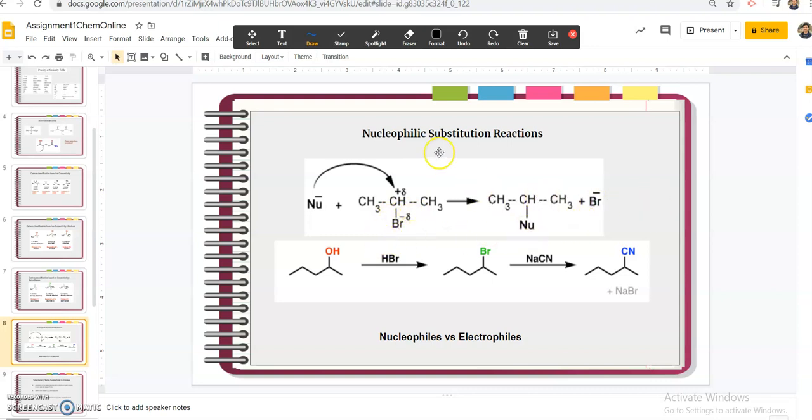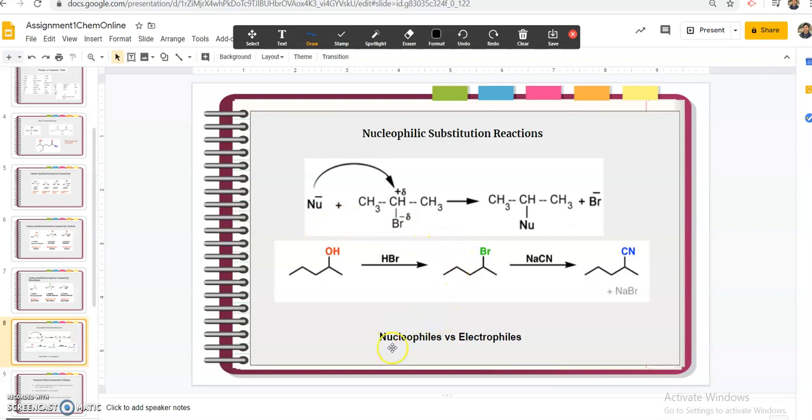These types of reactions are called nucleophilic substitution reactions, where a nucleophile replaces another nucleophile. The types of alcohols or haloalkanes are really important when we determine the rate of this reaction. Maybe a primary alcohol will behave differently than a secondary alcohol, or a primary alkyl halide differently than a tertiary alkyl halide, in a nucleophilic substitution reaction.